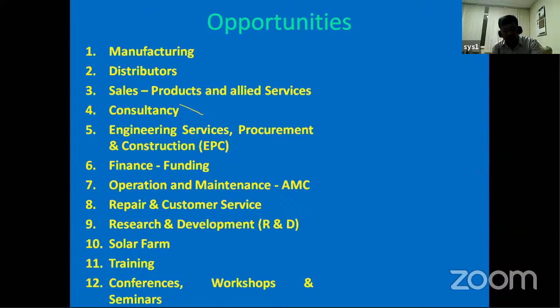But apart from that, in the field, he can visit a plant or solar product that is not working at all. He can do repair and replacement and give customer service, because this is what is actually fair.